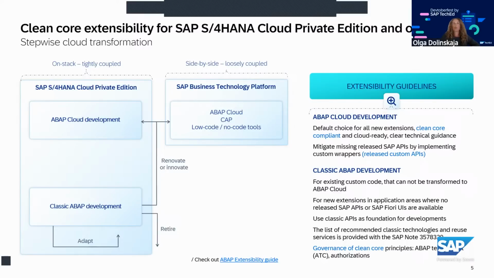The classic ABAP development may be necessary for correction of your existing custom code in the system, which cannot be transformed to ABAP Cloud, or also could be relevant for developments in application areas which are not very well covered by the released APIs of SAP, and where the UIs are also built based on SAP GUI.